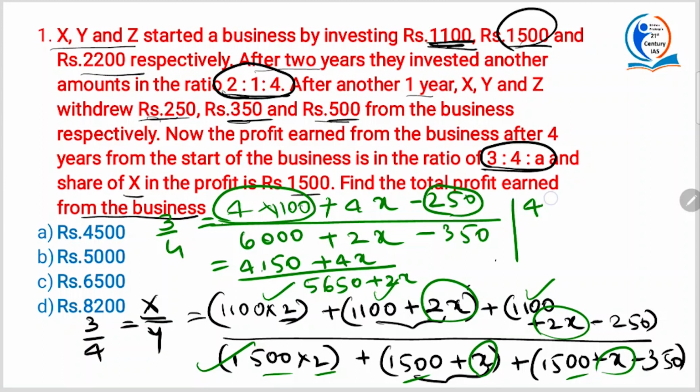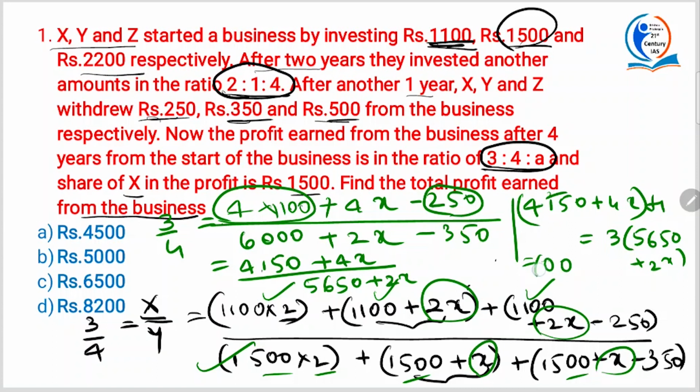So you will get 4150 plus 4x into 4 is equal to 3 into 5650 plus 2x. So this will be equal to 4 into 4150, which is 16600, plus 16x, is equal to 16950 plus 6x.